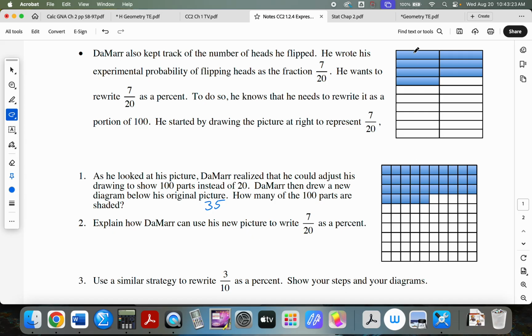So all he did is he took this one and divided it up so there were 5 times as many here and 5 times as many here, right? So his new picture gives him 35 shaded parts out of 100 total, which is 35%.